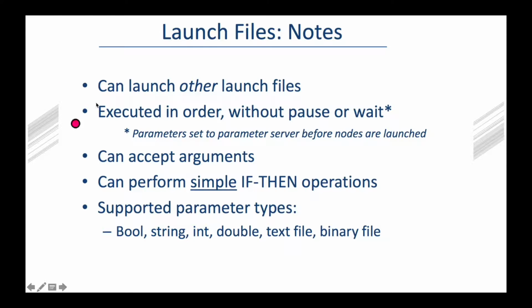It can accept parameters and arguments. You can even perform some operations. So you can say that start logging all the data if this topic exists in the background. Otherwise, don't log it. Okay, so just some sort of checks that you can do.